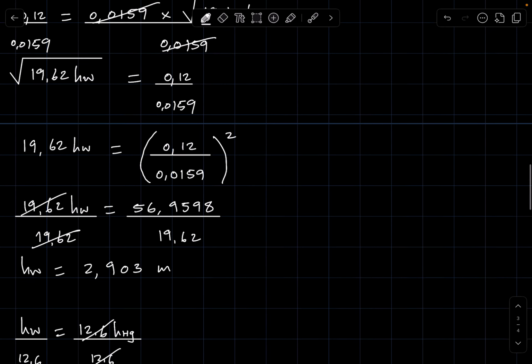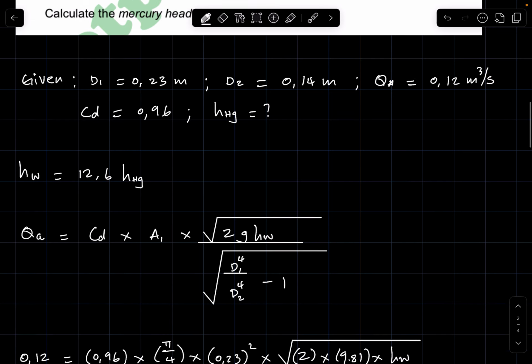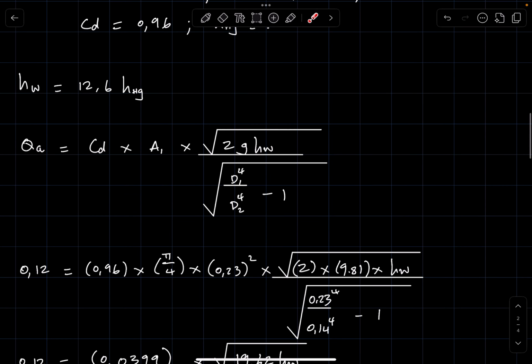This is just a typical exercise based on Venturi meters that shows you how you would apply these formulas. The key formulas here are these two, this one and this one. All the other approaches you're already familiar with, that is the application of Bernoulli's.